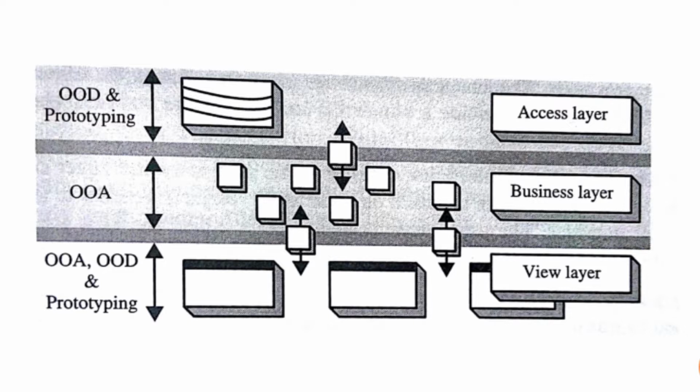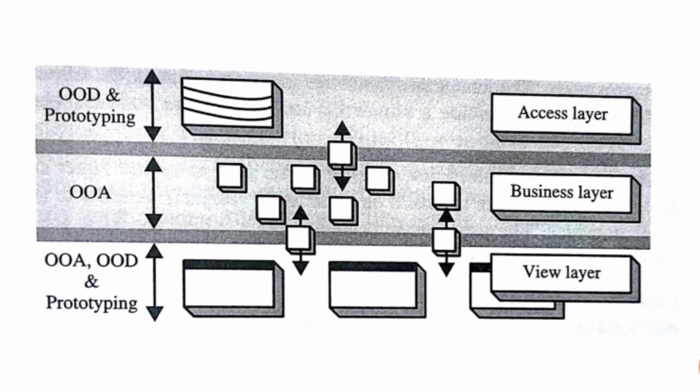Next we will be seeing about the view layer. View layer is the outermost layer, that is, here the user will be interacting with the system. So this layer will be the user interacting layer. So it also consists of objects. So the view layer will be having some objects. With the help of those objects, the user will be able to interact with the business layer and access layer.